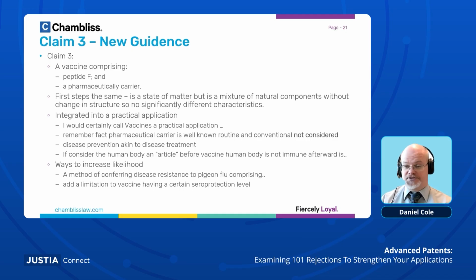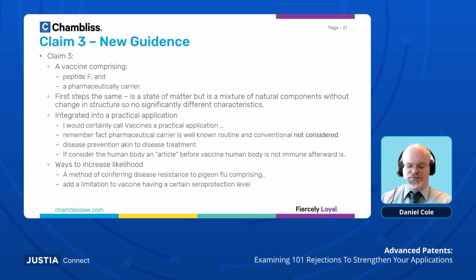Now we're talking about this pharmaceutically acceptable carrier, and we're including water in this as a potential pharmaceutically acceptable carrier. But whether it's routine and conventional is not considered. We're using this as disease prevention, making it akin to disease treatment.